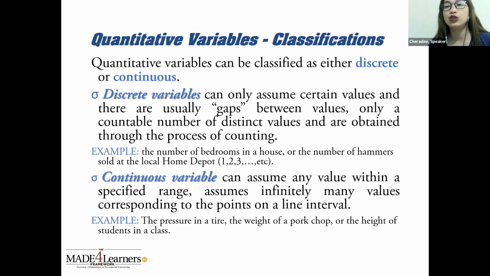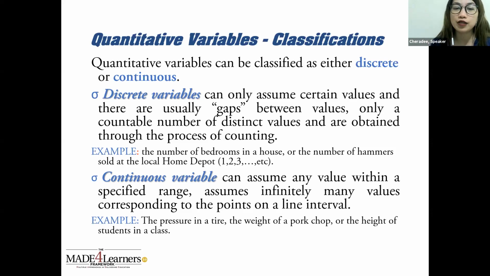Those values that do not have decimal points. Okay? So no gap. For example, the number of children in the family. So you don't count, I have 5.6 children, or the number of bread that I have baked is 10.1. Right? You don't say it that way.